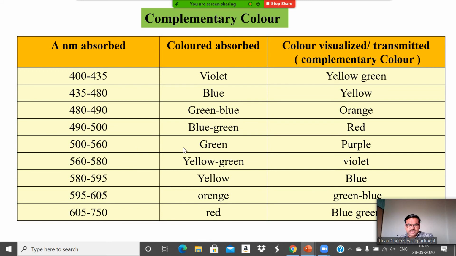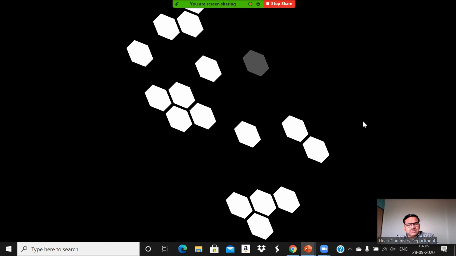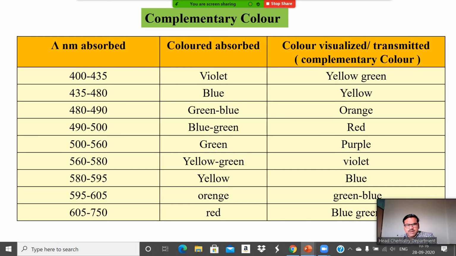500 to 560 nanometer, green color absorbed, its color is purple.